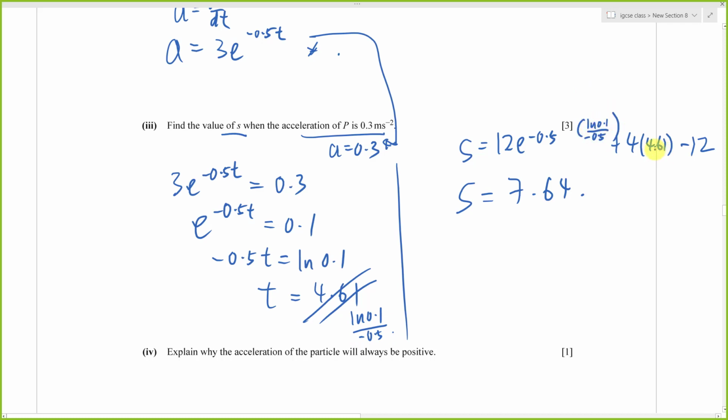Let's see what happens. I'll see whether I can get the same answer as the marking scheme or not. Yeah, I'm going to retype it again. ln 0.1 over negative 0.5.